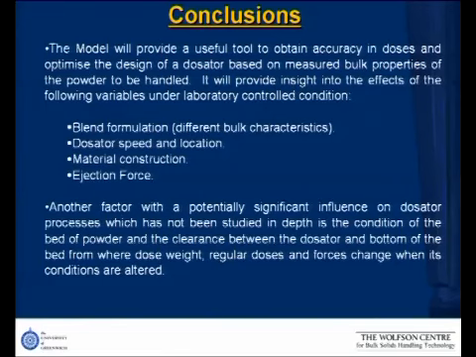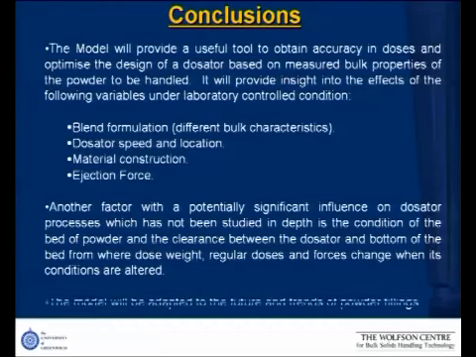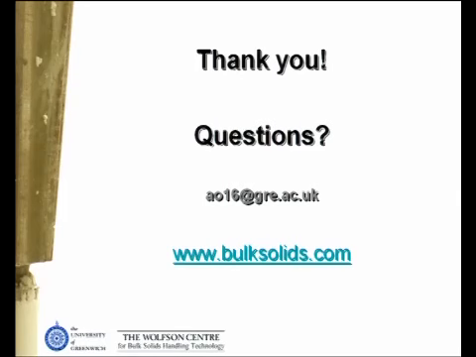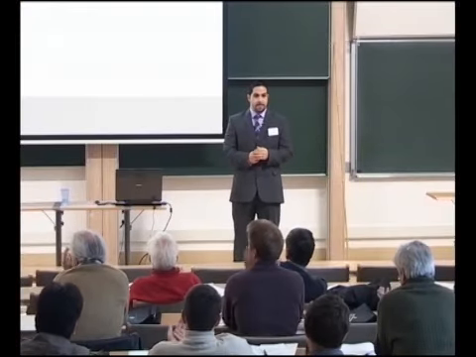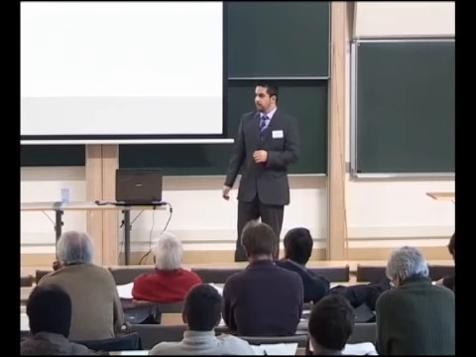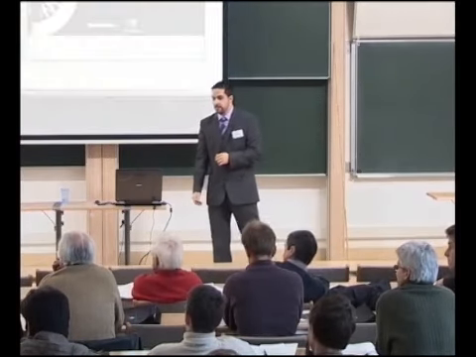But another factor with potentially significant influence on the dosator process, which has not been studied in depth, as I said before, is the condition of the bed. Maybe it's one of the keys to the problems that Philip mentioned before. And also the test rig and the model will be adapted for future trends in powder filling.